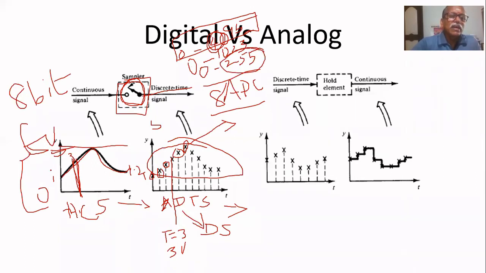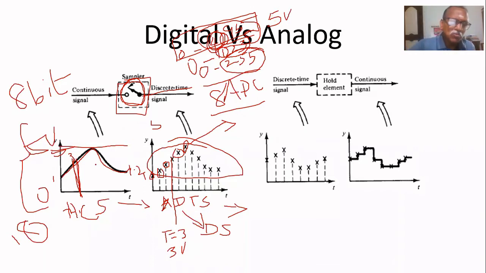Suppose a 10-bit ADC is used, in that case 1023 represents 5 volt. If a 12-bit ADC is used, 4095 represents 5 volt.